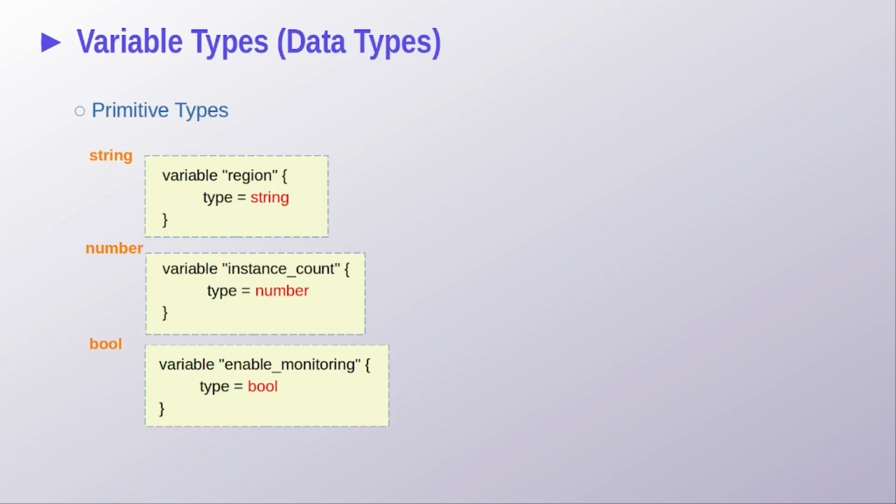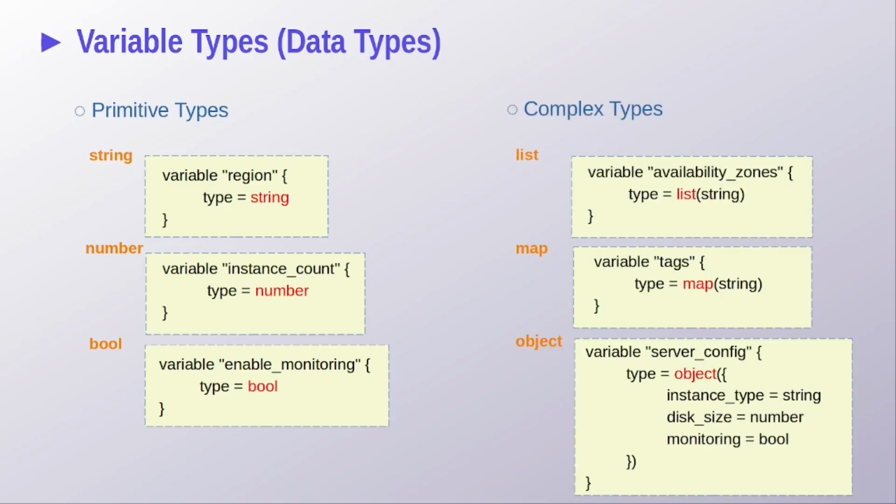Primitive types. String, used for text values. Number, used for quantities. And boolean, used to enable or disable features. Very useful for feature flags. Complex types.